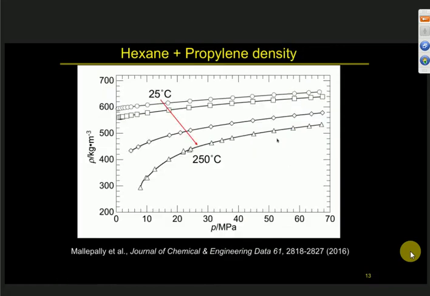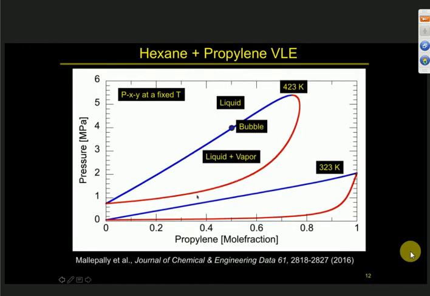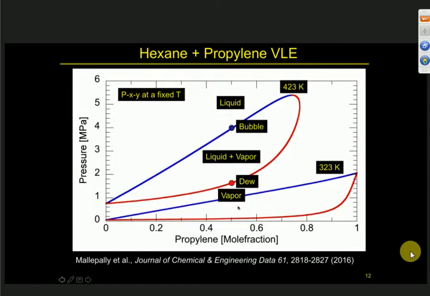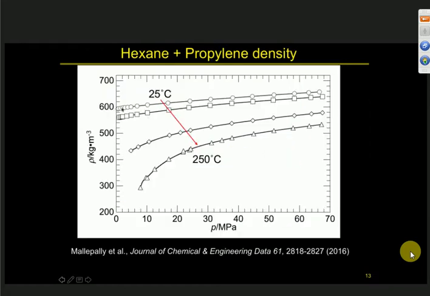Now let me show you the binary mixture densities. Here the density is on the y-axis and the x-axis is pressure. Let me go back to a couple more slides. Starting at a fixed temperature and at the bubble point pressure, you increase the pressure continuously all the way to 70 or 100 megapascals, and at each pressure you record the density.